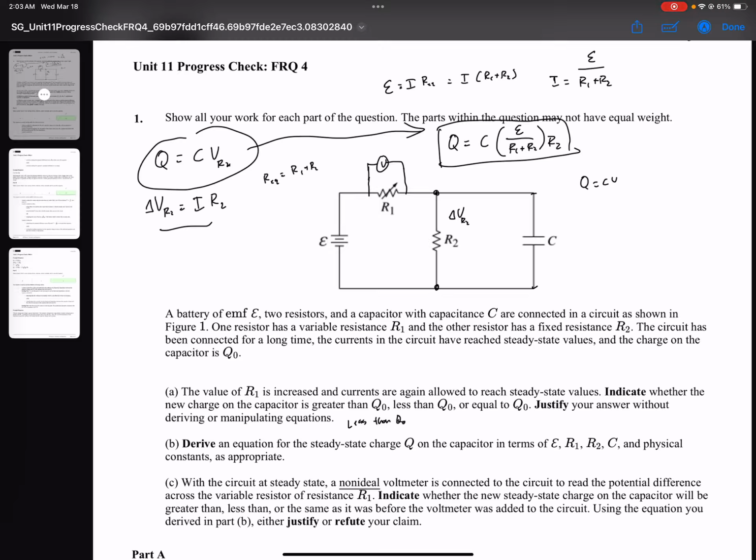Now, real voltmeters don't have infinite resistance, and in effect, they don't really affect the circuit at all, especially if you're dealing with a circuit that has a fairly reasonable current. But when you start getting into very, very small currents, that voltmeter is going to play a bigger role. So it doesn't actually have an infinite resistance. It just has a very, very large resistance.